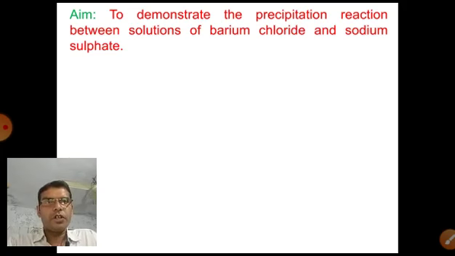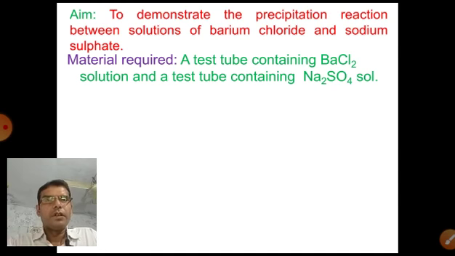So first, the materials required: a test tube containing barium chloride solution and another test tube containing sodium sulfate solution. So we take the two test tubes. In one test tube is the barium chloride solution and in the other is the sodium sulfate solution. Then the procedure.